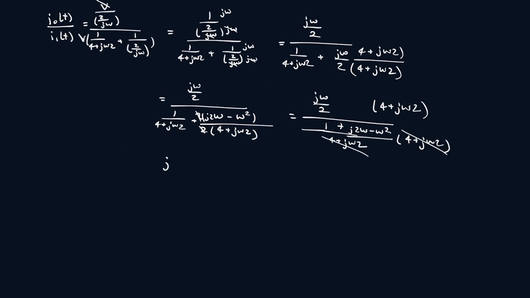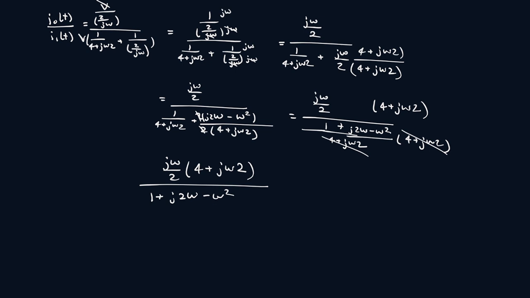So now we have JW over 2 times 4 plus JW2 all over 1 plus J2W minus W squared. And notice how this is almost a quadratic, but the problem is we don't have a J here, so that's preventing us from factorizing this.